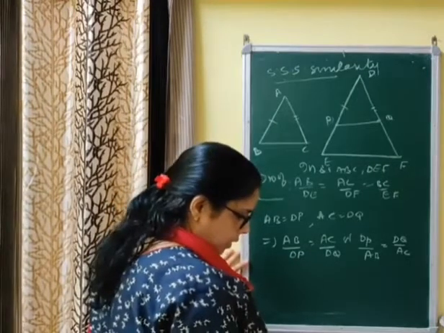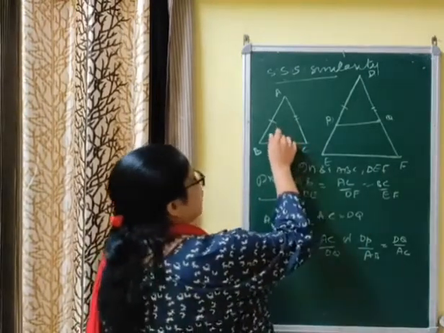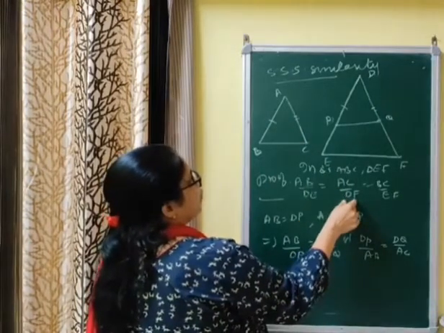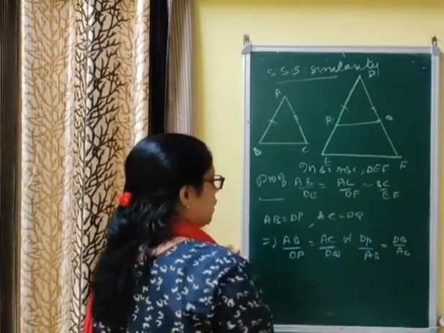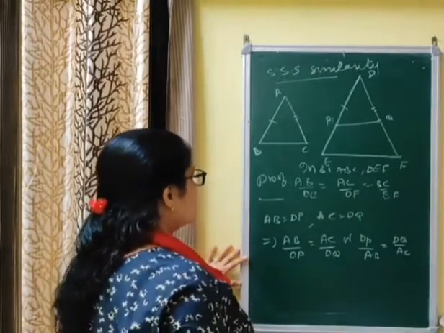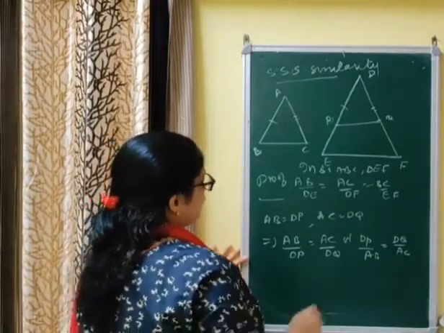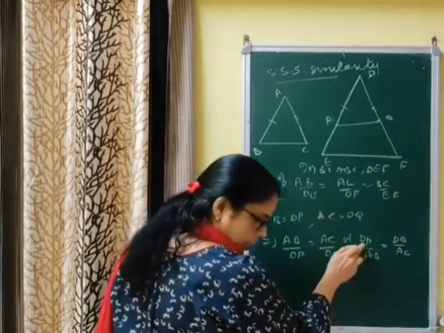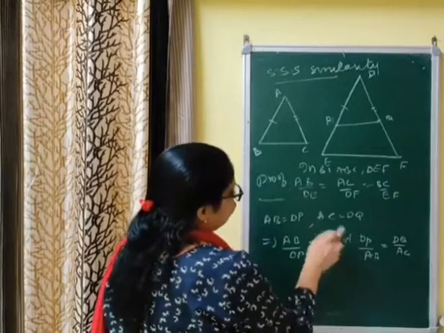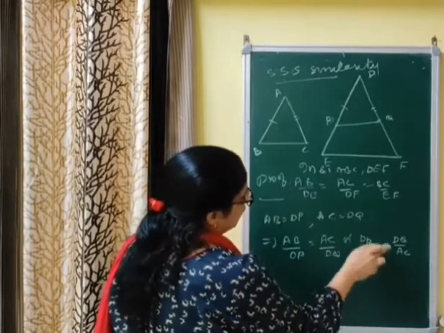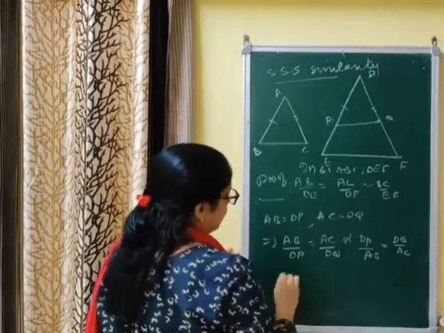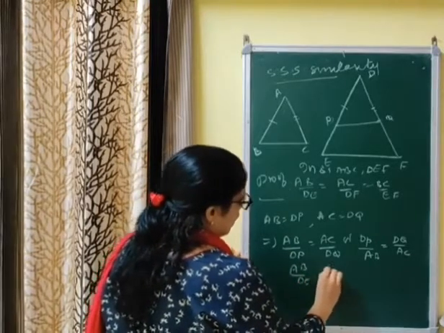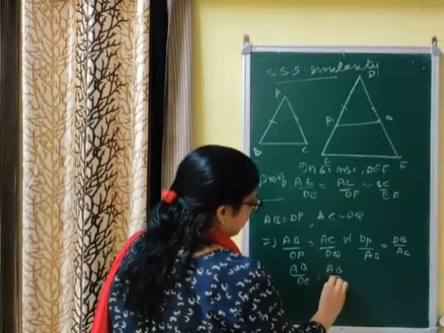After joining this, you are given that AB by DE is equal to AC by DF, and we have proved that AB by DE and AB by DP. Comparing these two, look at these two, similarly AC by DF. Once more I am writing AB by DE and AB by DP.